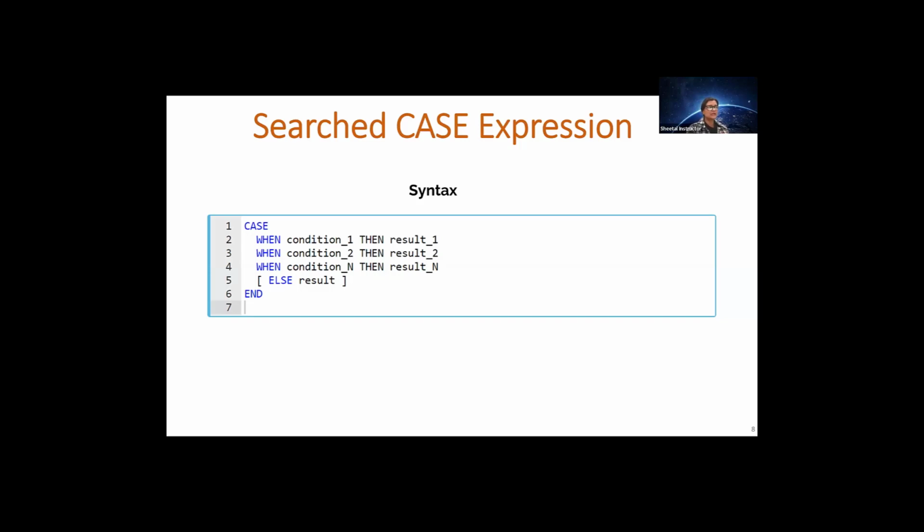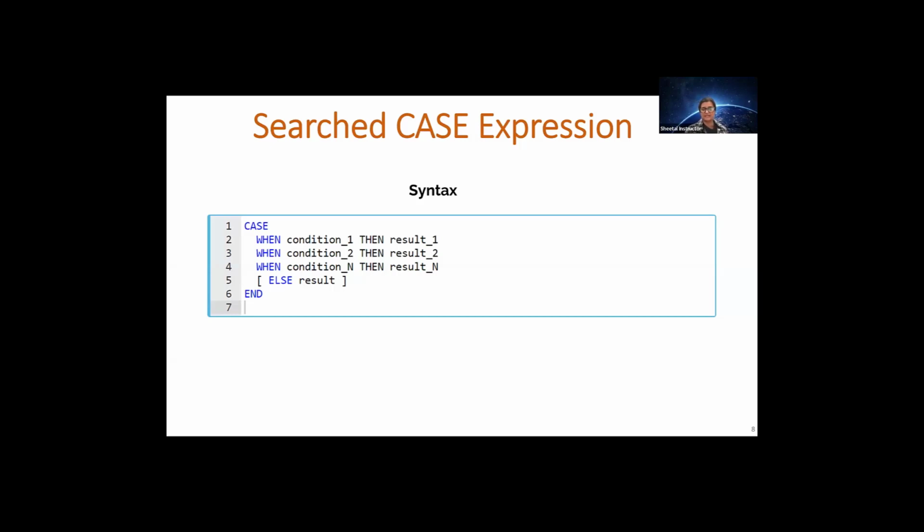A searched case expression is very similar to a simple case expression, except you are putting some kind of condition. You can put a formula. You can check if this date is less than today's date, check if this date is greater than 5 years after today's date, or check if age is less than 18, then you can say not allowed.